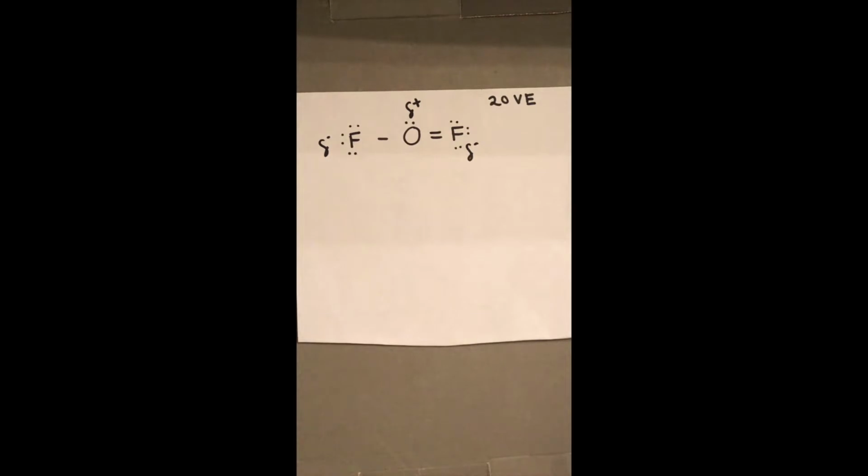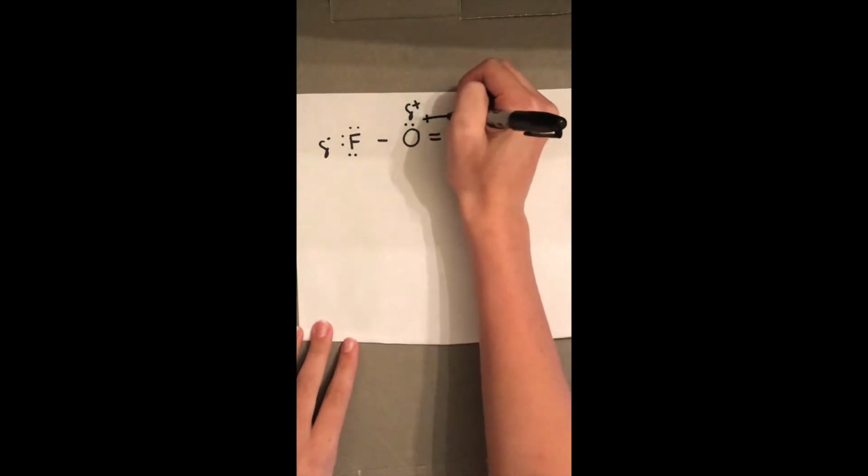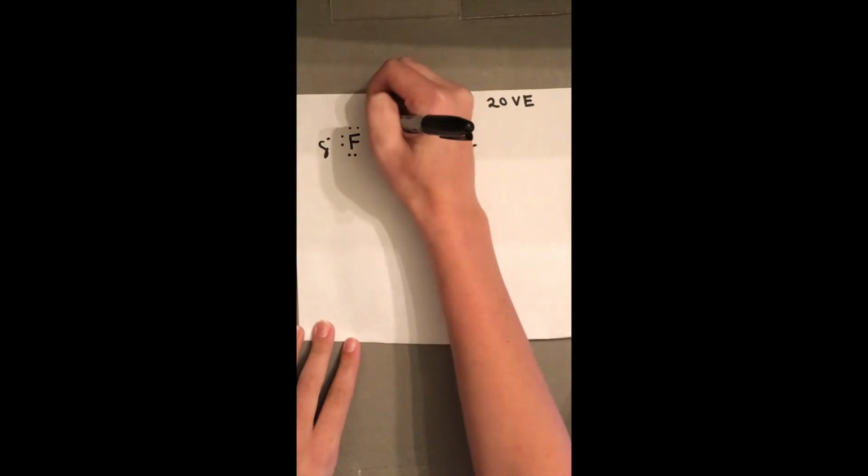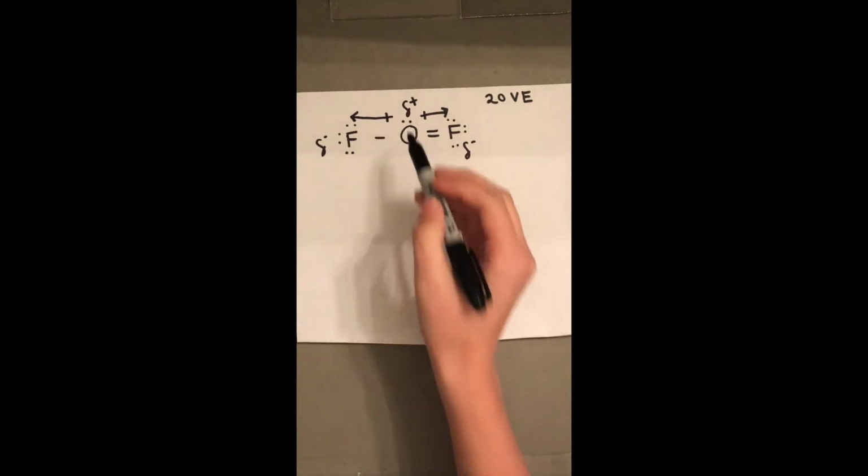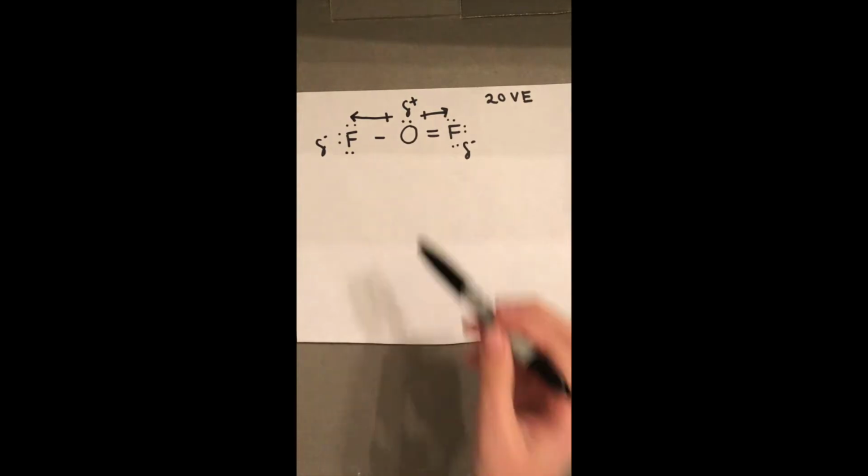This means that the bond dipoles will point towards fluorine, so they will look like this. There are 1, 2, 3 domains on this, so it is also trigonal planar. But this one has a non-bonding pair, which means the molecular geometry will be bent.